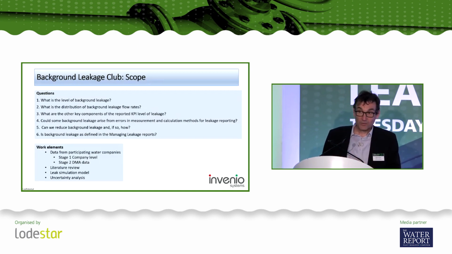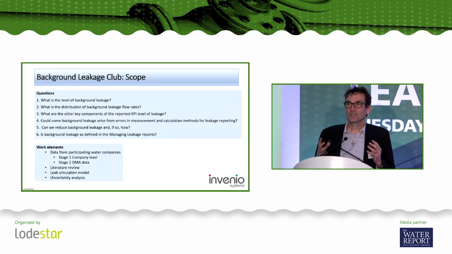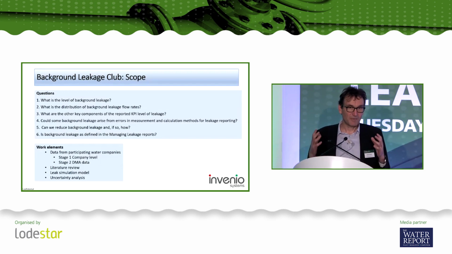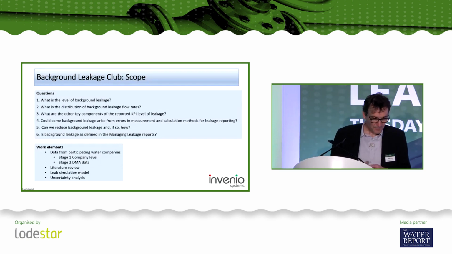So we had 11 water companies, and they provided in total 16,000 DMAs' data. We then selected a lot of that data to provide some very high confidence results. So most of the results you see are based on about 8,000 DMAs' data.